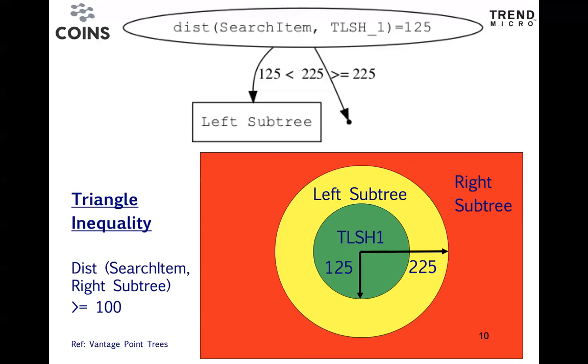This is mathematically satisfied if we obey the triangle inequality. So using the triangle inequality, we can prove that the distance from the search item to all elements of the right subtree is greater than or equal to 100. This is the method used in vantage point trees.